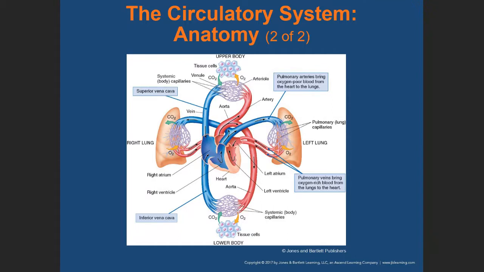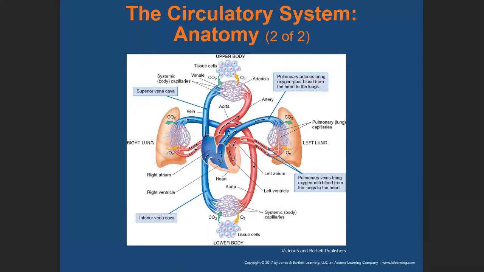All right. So the right side of the heart is responsible for receiving and distributing deoxygenated blood. The left side of the heart is responsible for receiving and distributing oxygenated blood. Right?